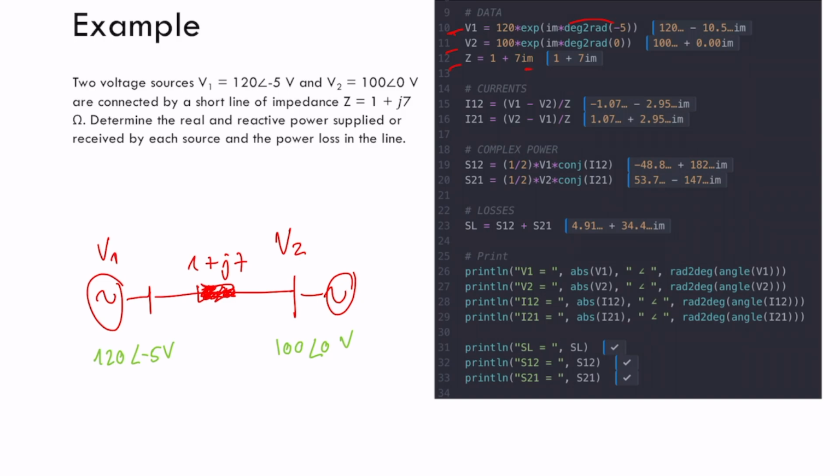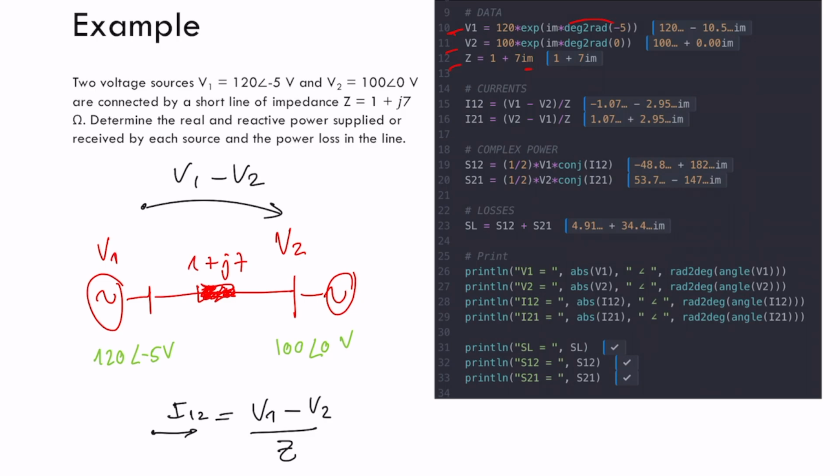Then the currents, so you can state, well, what is the current that goes from 1 to 2. Well, this current will be B1 minus B2 divided by C. Yeah, because it's how much voltage drops from here to here, which is B1 minus B2.